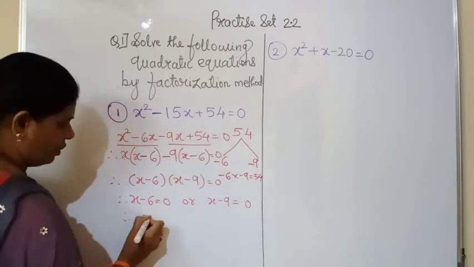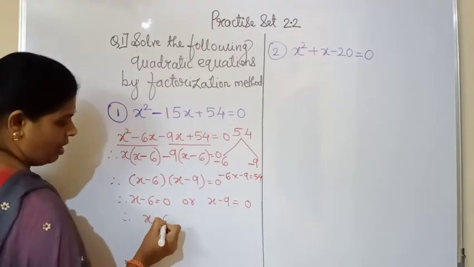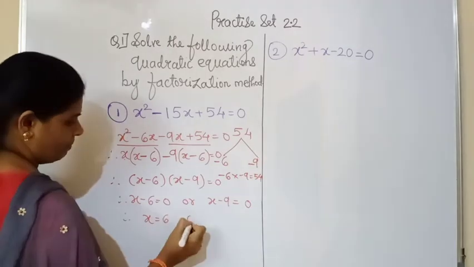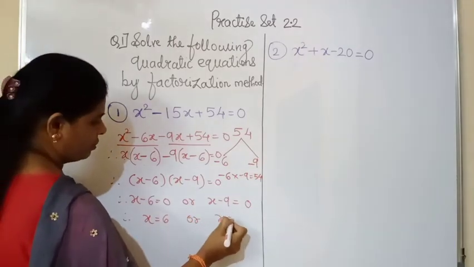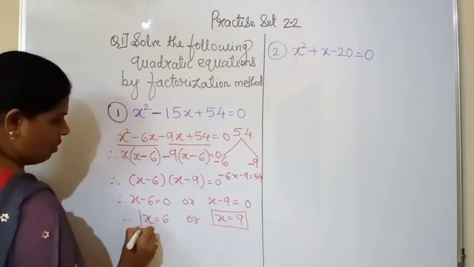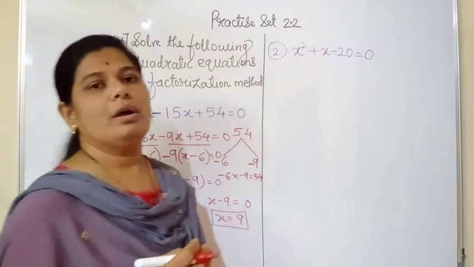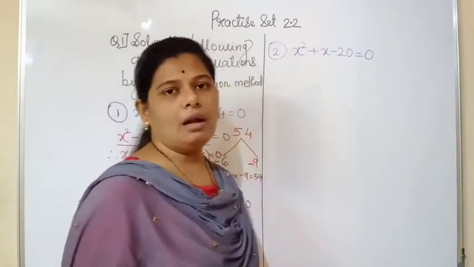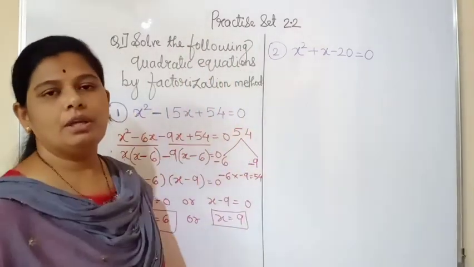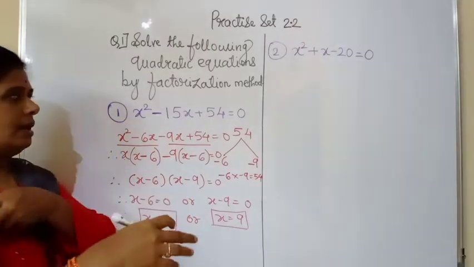So therefore x equal to, minus 6 will shift towards the 0 and you will get 6, or x equal to 9. Okay, so what are our factors now? x equal to 6 or x equal to 9 are the roots of the given quadratic equation. Okay, so in this way you can solve this example.